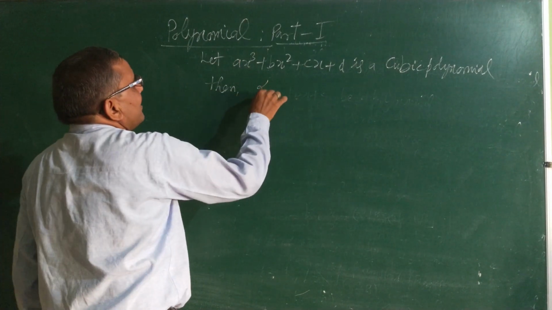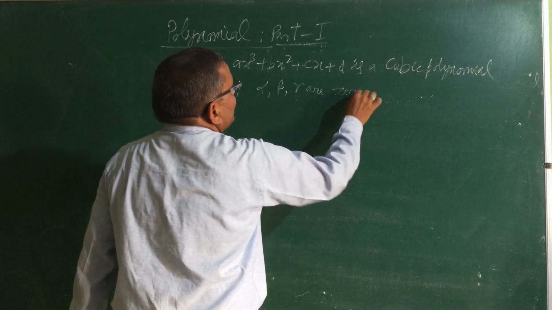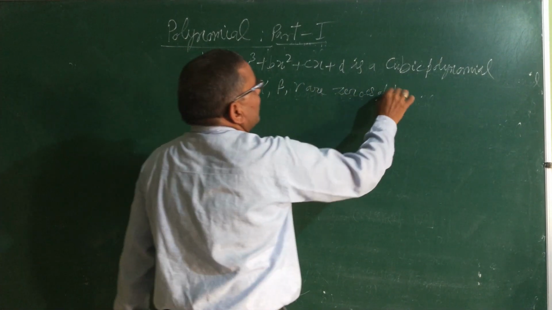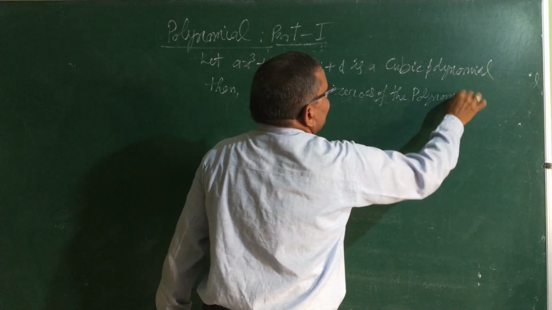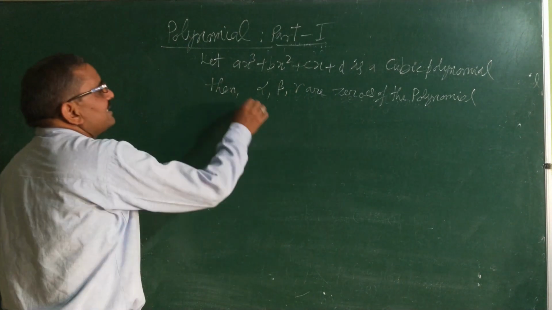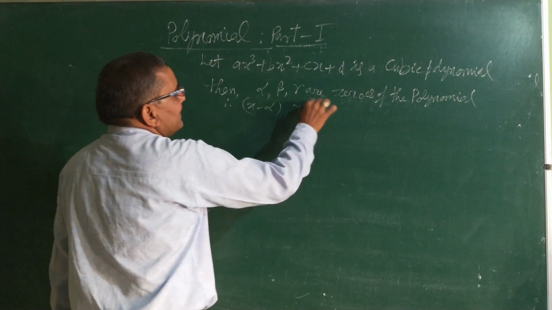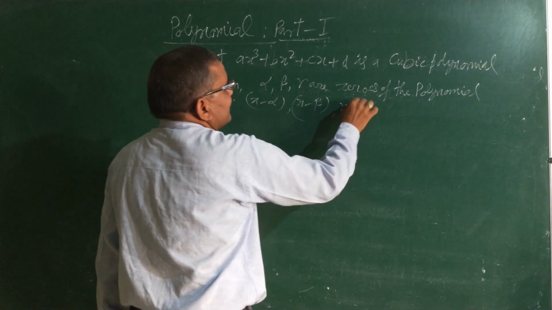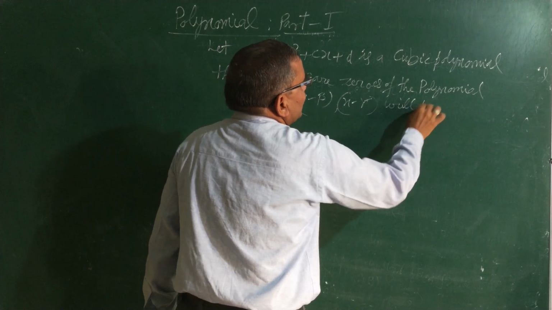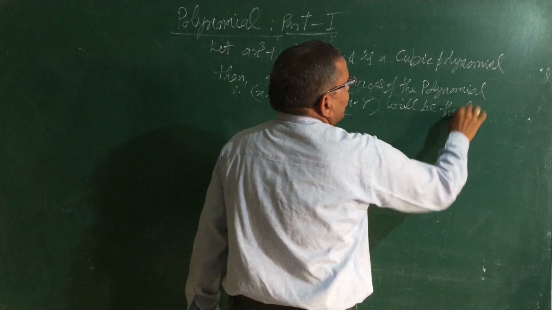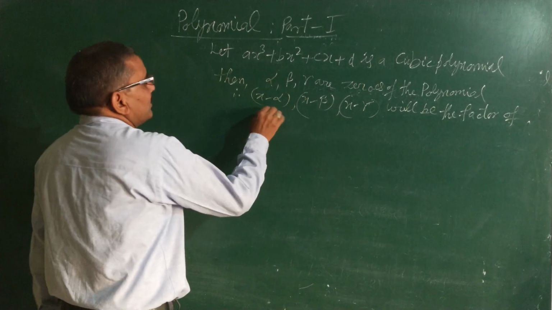Let alpha, beta, gamma be the zeros of the polynomial. Therefore we can write, x minus alpha, x minus beta, x minus gamma will be the factors of the given polynomial.